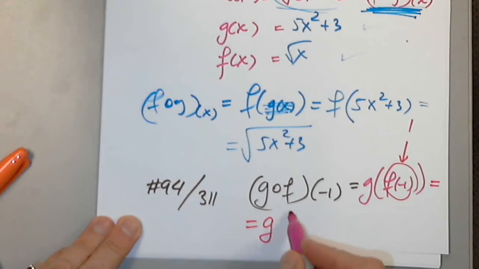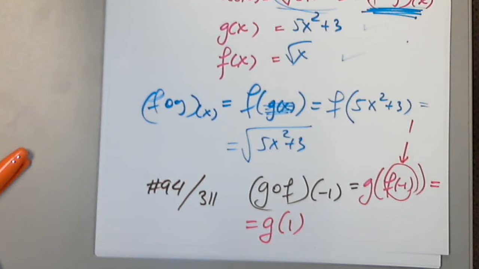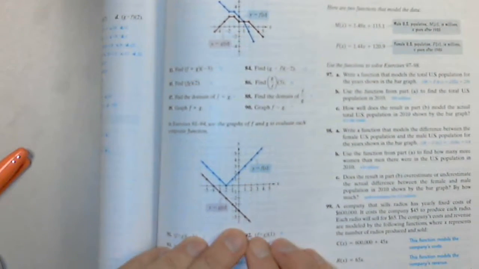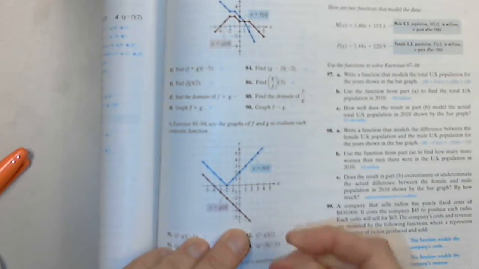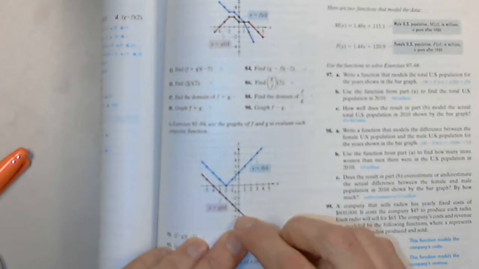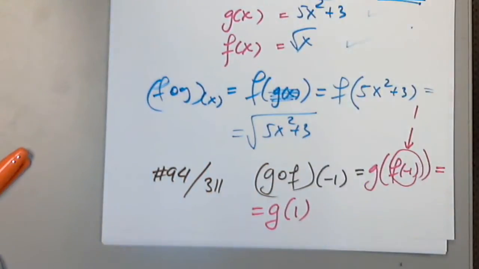So now I have to find g of 1. I go back to the graph. I look at the purple graph, and I want to find g of 1. Can anyone tell us what is g of 1? -5. Very good. Awesome.